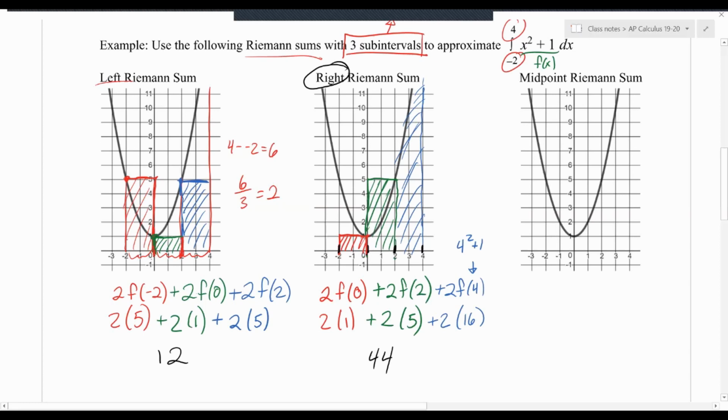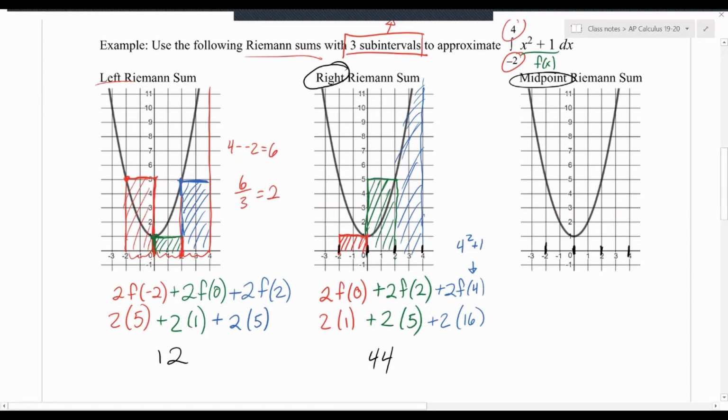Now there's one more type of approximation we can do with Riemann sums, and that's midpoint. So we're still using our 3 subintervals. And instead of using the left or the right, we're going to make our height using the middle of the interval.